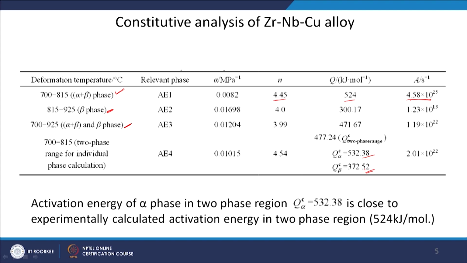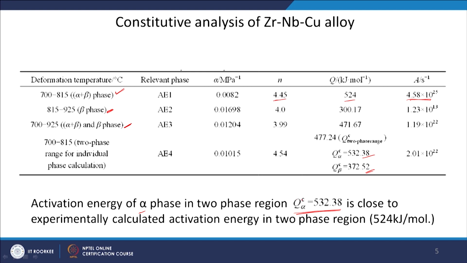So, what we found out is that the activation energy of alpha phase in the two phase region, this is the calculated activation energy from the data of alpha phase in the two phase region. I will tell you how we did that. This was coming around 500 kilojoule per mole.